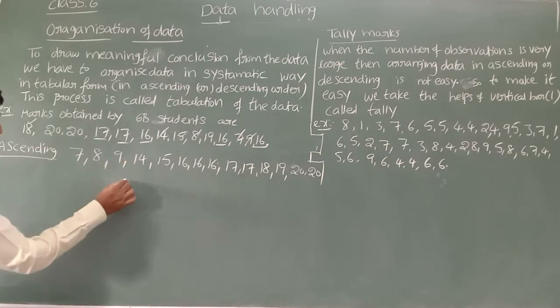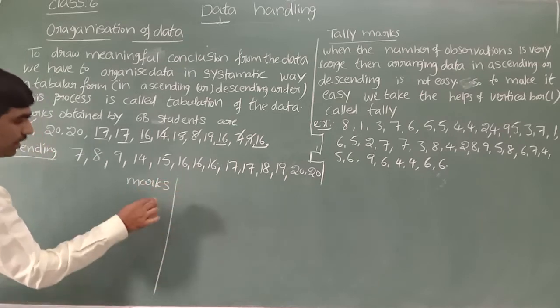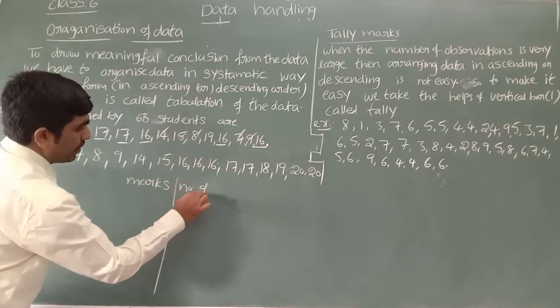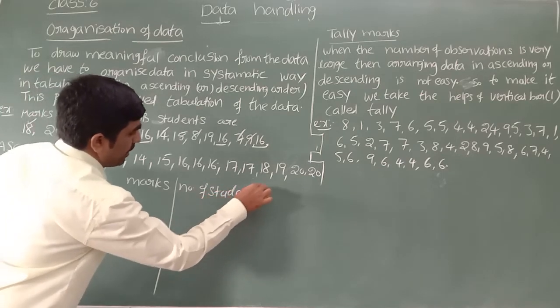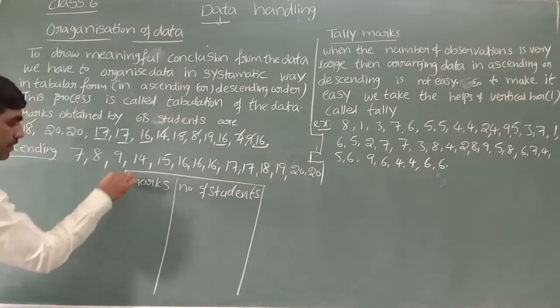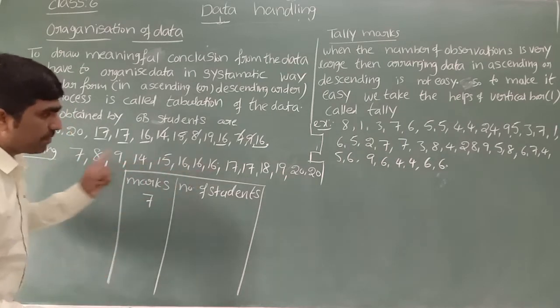Now let's see here. We'll write in tabular form: marks, and the number of students. 7 marks, how many students secured?